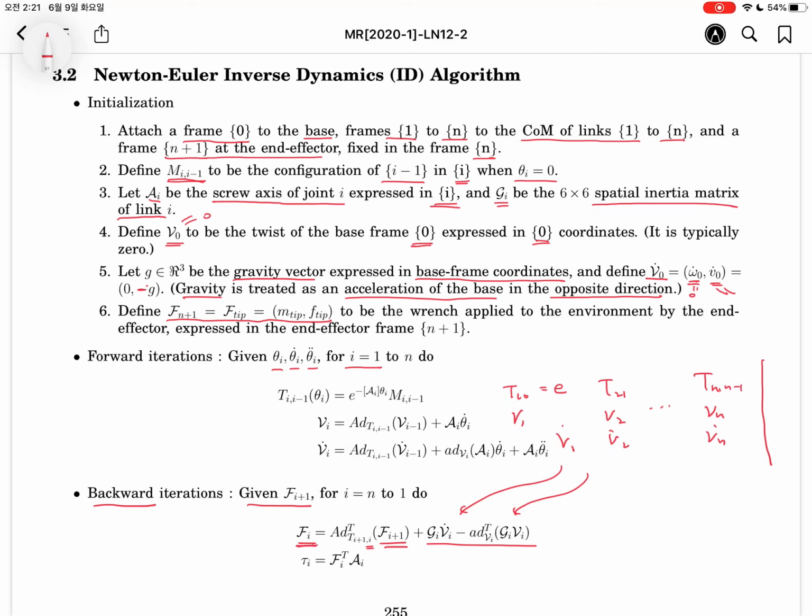After obtaining the F_i, we can extract the joint torque. The F_i should be projected onto the joint screw axis. The remaining terms, except the tau i, will be the constraint. Okay. This is called the recursive inverse dynamics algorithm.